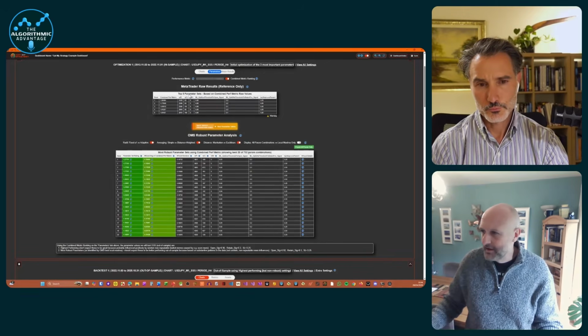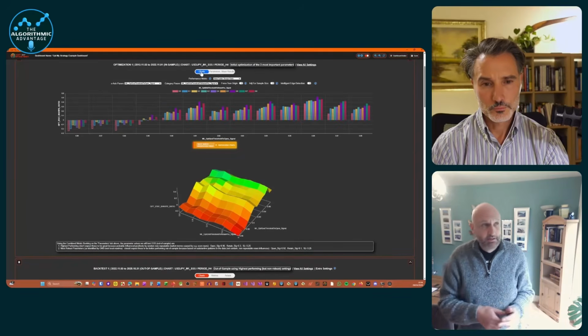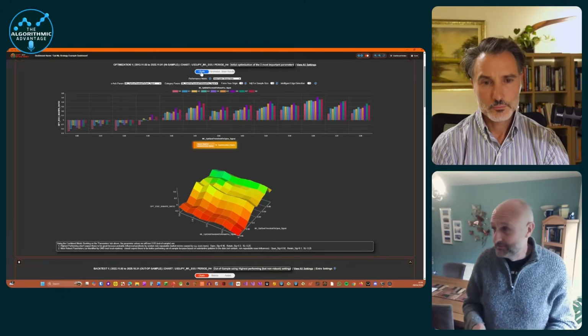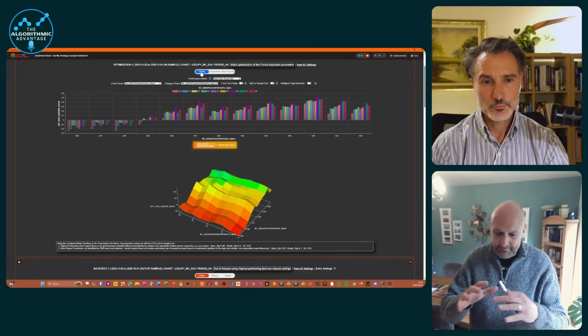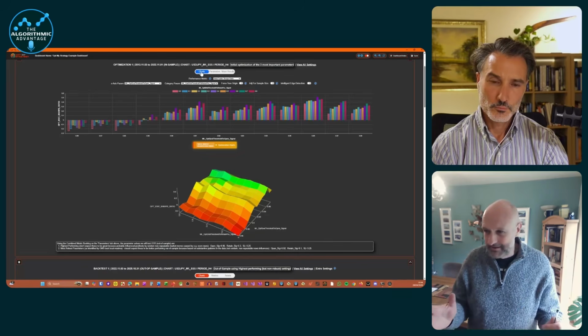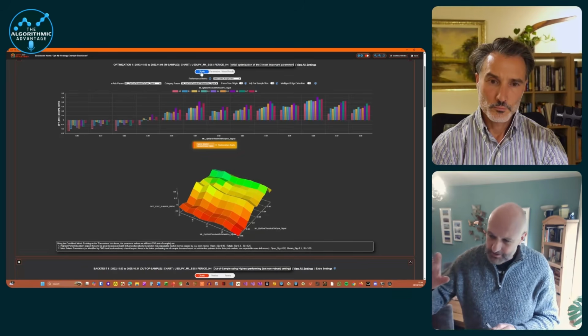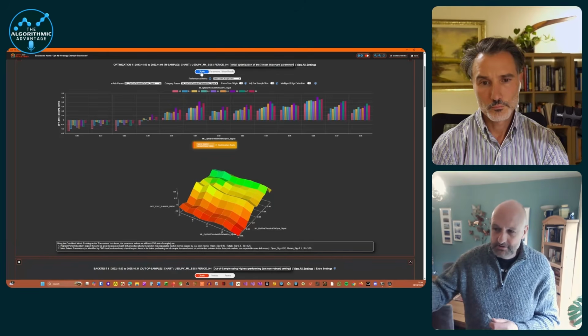Sure. Okay. So I've shown different elements of this as we've gone through the different techniques, really. But in the previous one, we looked at this ability to filter out these random events. So the whole concept here is that this is a post-optimization process.